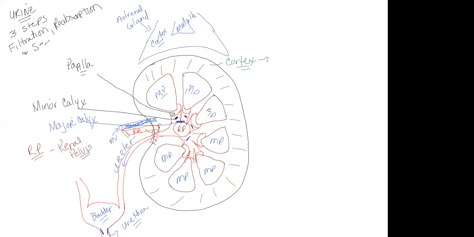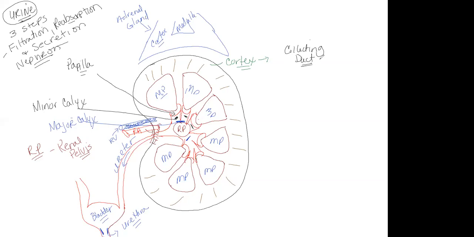And we need to have secretion. Filtration, reabsorption, and secretion are the 3 steps that we need to see in the kidney in order to form urine. There's a specific place where that occurs, and that's in the nephron. It's between the nephron and the blood. So the nephron really is the functional unit of the kidney. The end of the nephron is called the collecting duct. We're going to talk about the nephron in just a minute.